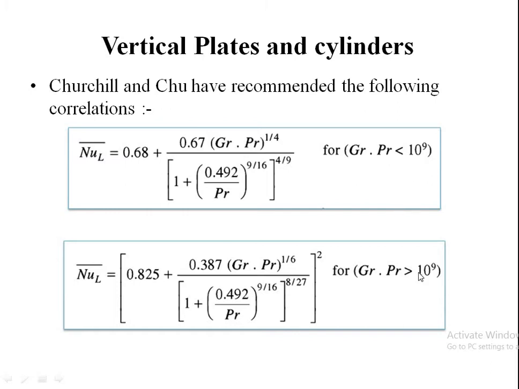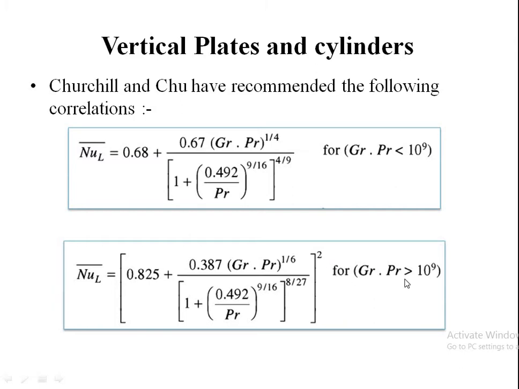If this product is greater than 10 raised to 9, then we have to use the correlation: the average Nusselt number is equal to {0.825 plus 0.387 (Grashof number multiplied by Prandtl number) raised to 1 by 4 divided by [1 plus (0.492 divided by Prandtl number) raised to 9 by 16] raised to 8 by 27} whole squared.